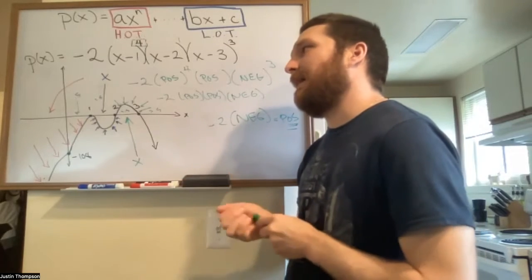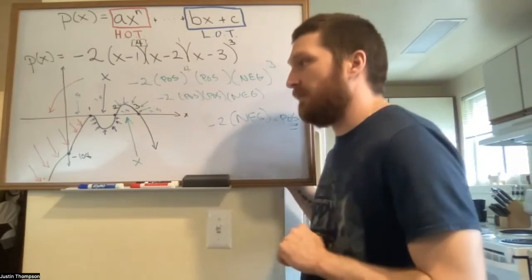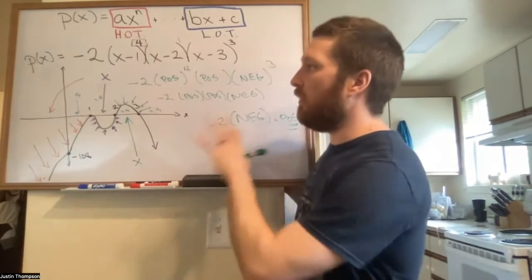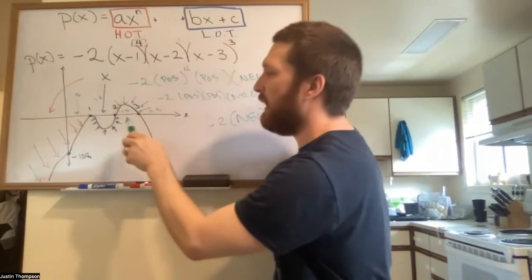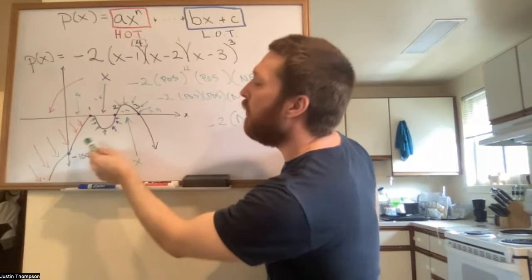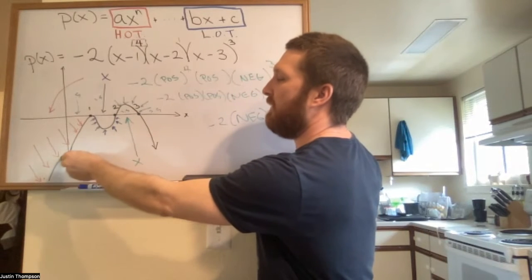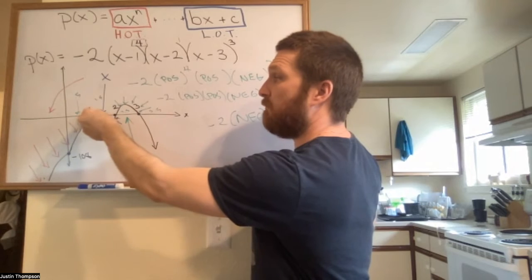The takeaway though is that all of this that we're doing with, is it positive, is it negative, and blah, blah, blah, it's just so that we could know whether or not the graph of this thing goes through the root or does it bounce back.